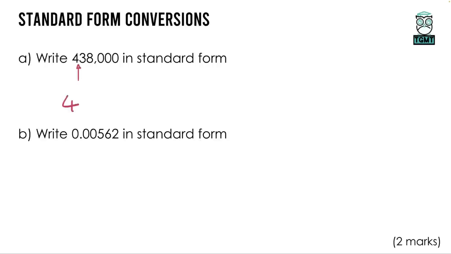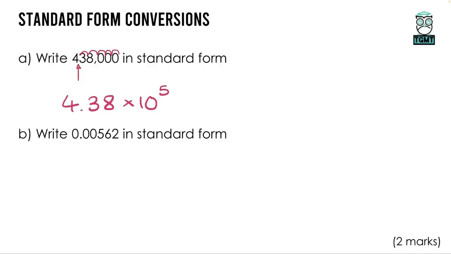That would be between 1 and 10. And to do that, we would have to do 1, 2, 3, 4, 5. We would have to multiply this number by 10 5 times to turn it back into this 438,000. So that's 10 to the power of 5. And there we go, that's written in standard form.